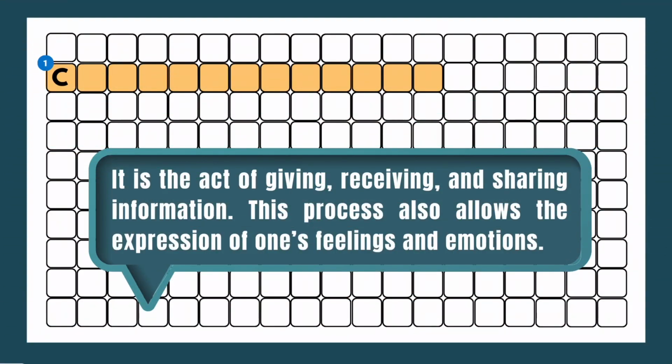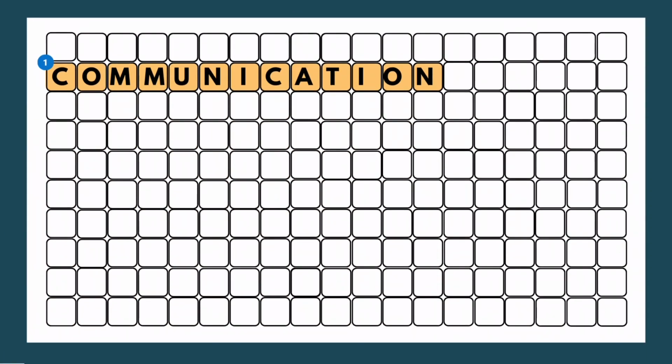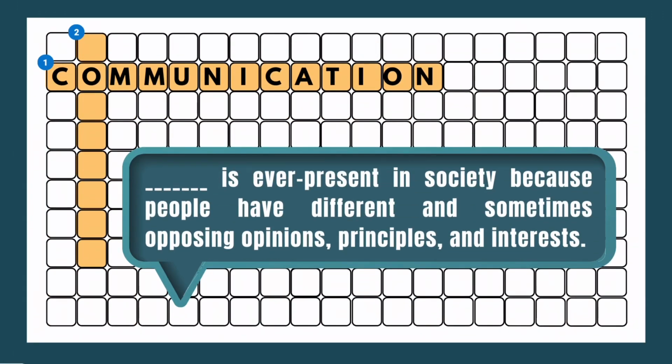Number 1. It is the act of giving, receiving, and sharing information. This process also allows the expression of one's feelings and emotions. You are right! The answer is communication. Number 2. Blank is ever present in society because people have different and sometimes opposing opinions, principles, and interests.